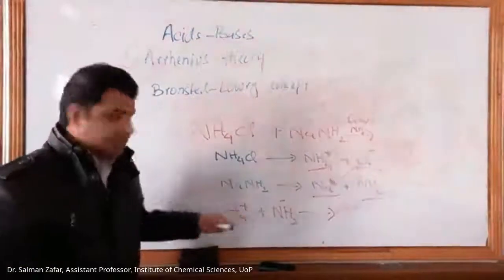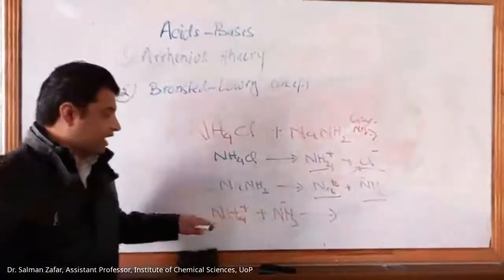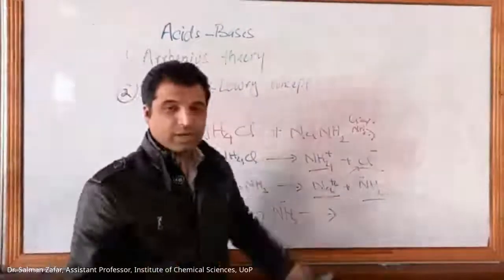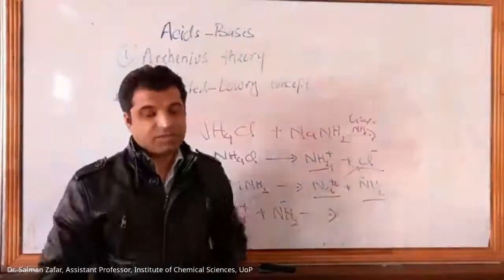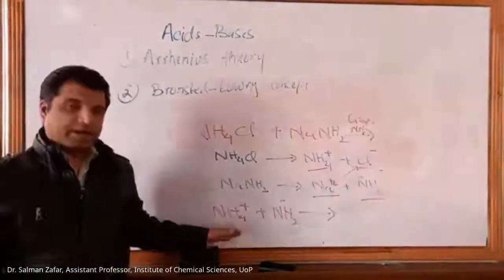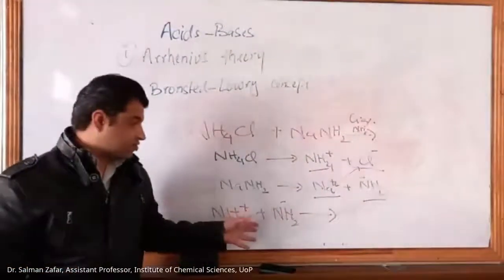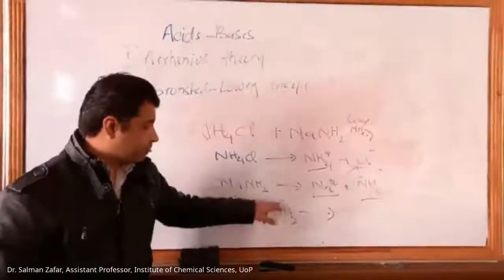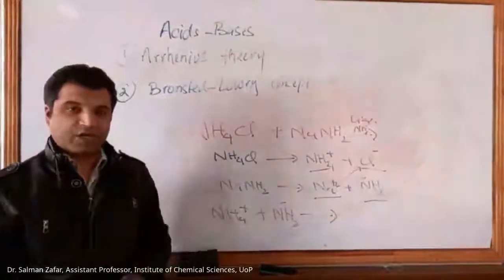So now we have ionic species. We have a cation here and we have an anion here. And as I told you earlier, ions are highly unstable, so they will try to get rid of the charge. This ammonium ion will try to get rid of the positive charge. This amide ion will try to get rid of this negative charge.